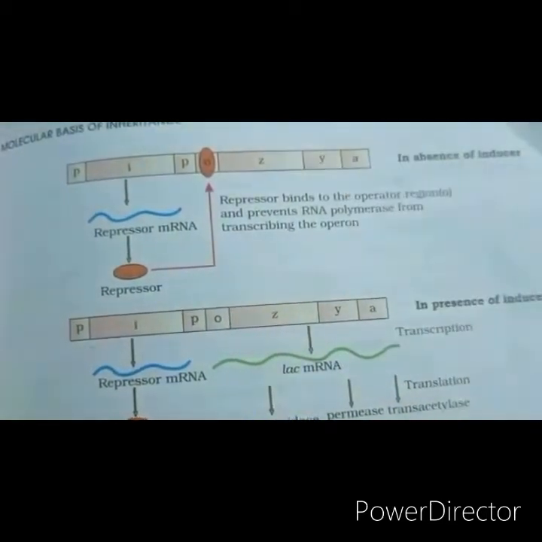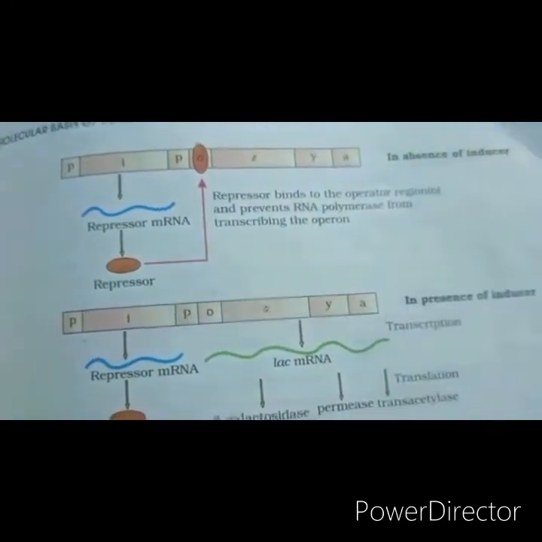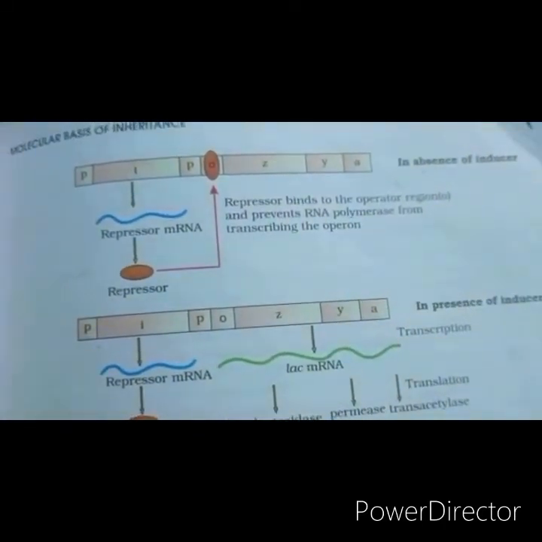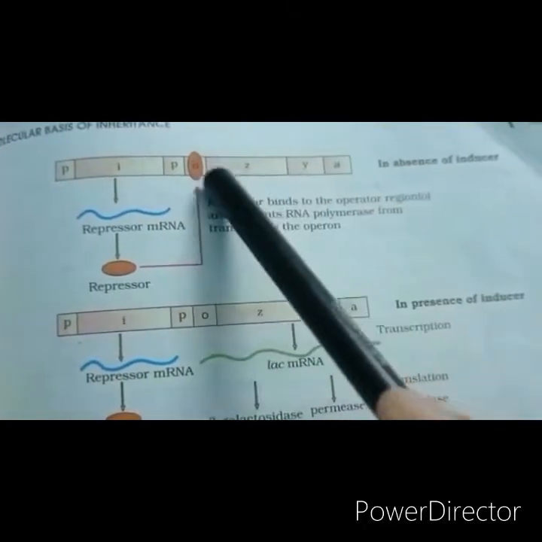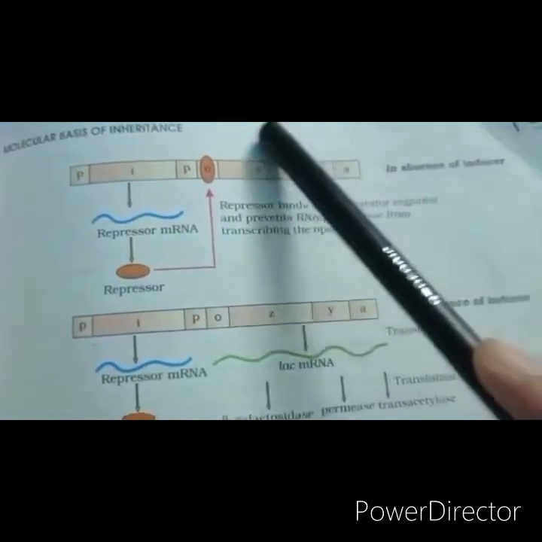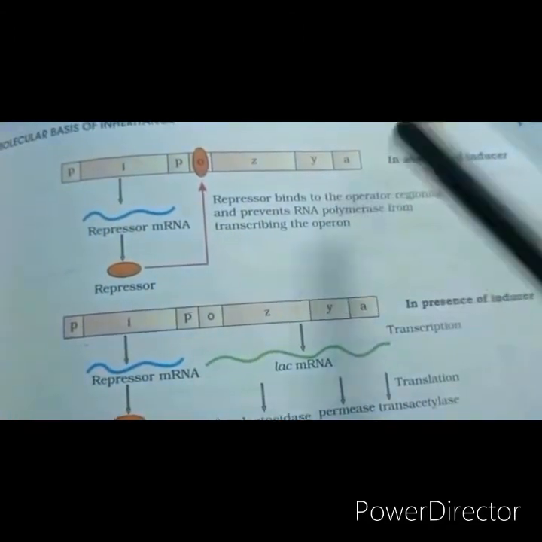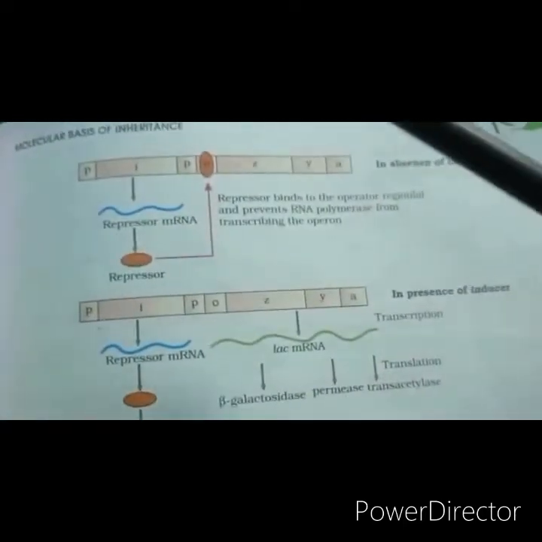these genes require lots of energy for the transcription and translation of the enzymes. That's why if there is no lactose, we are not going to waste our energy in the production of these enzymes. So what will happen then?